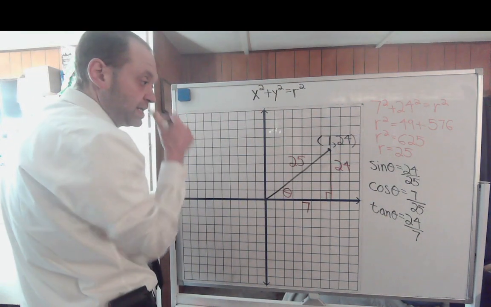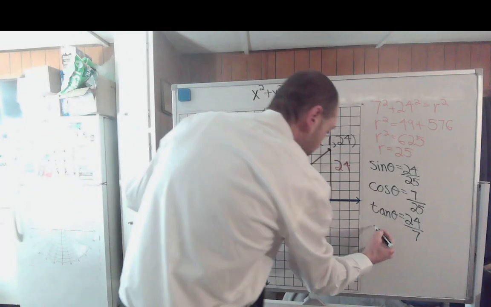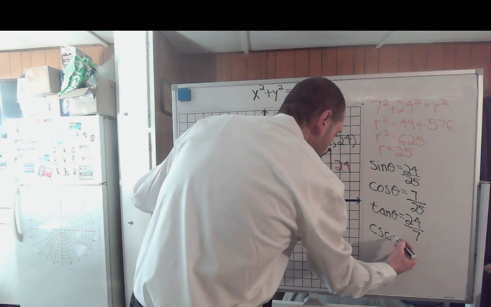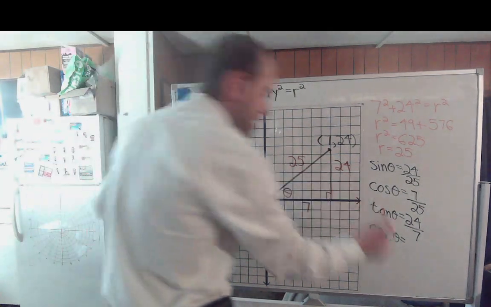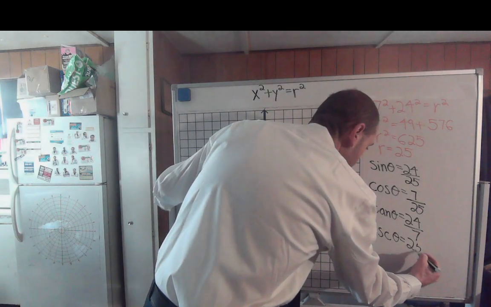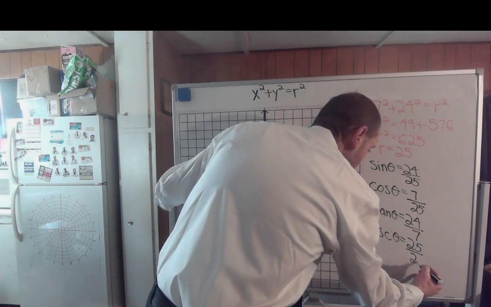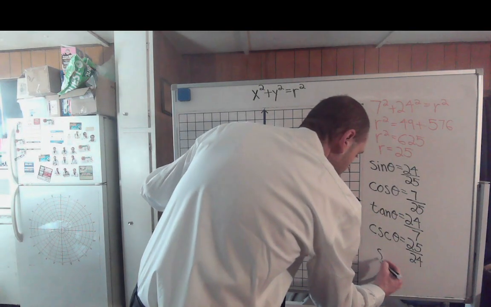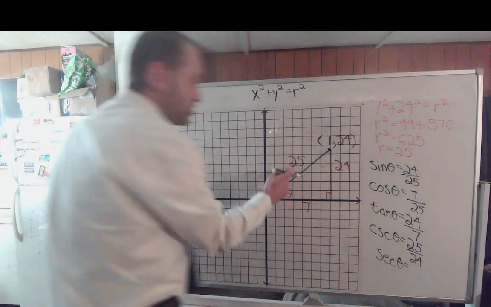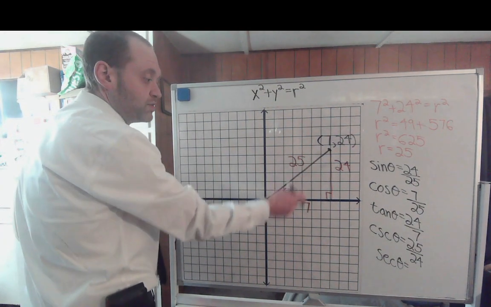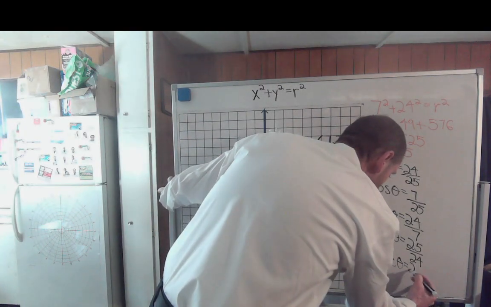And then let's see here. We can now find the cosecant of theta. That equals the hypotenuse over the opposite side, so that would be 25/24. We can find the secant of theta. That equals the hypotenuse over the adjacent, so that would be 25/7.